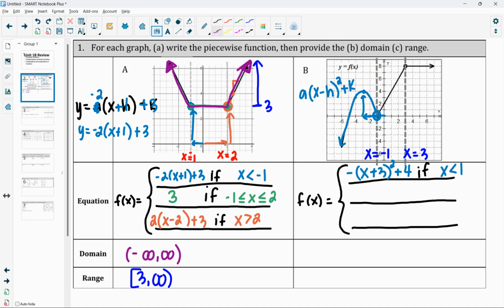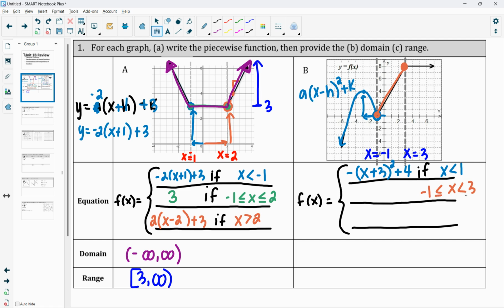And then for this middle portion, I'll do a closed circle. And so this middle chunk here goes from here up to here. So this one is between those two x values, so it's between -1 and 3.